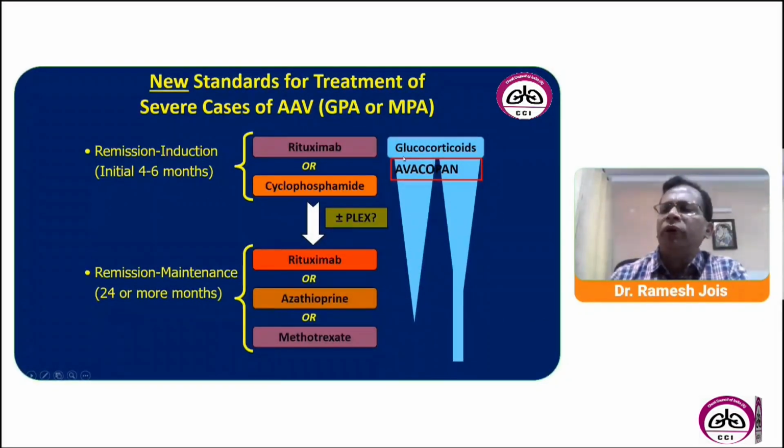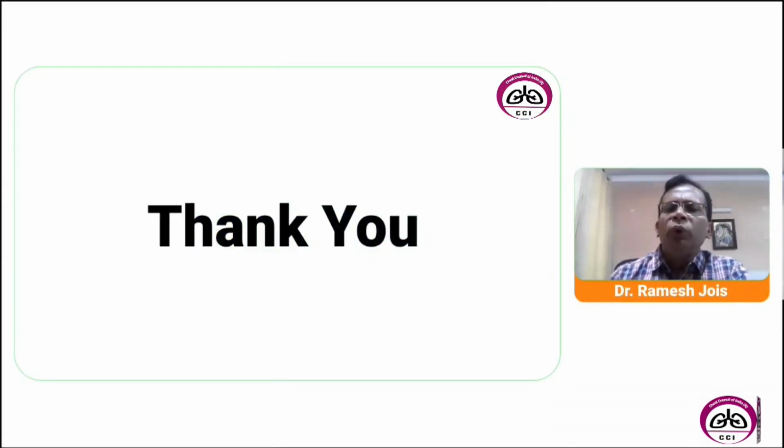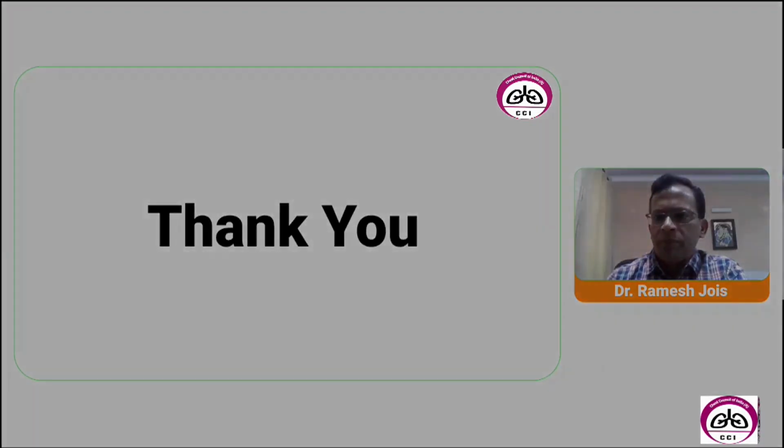Glucocorticoids form a very important part of treatment of vasculitis. Steroid-sparing complement receptor inhibitors have now been shown to be effective in vasculitis. This is called avacopan. It is still not available in India. So with this, I finish my presentation, and a lot of things can be discussed over the panel discussion. Thank you very much.